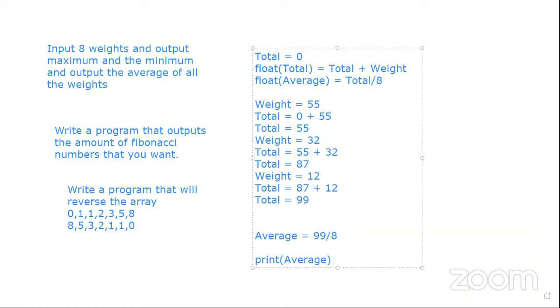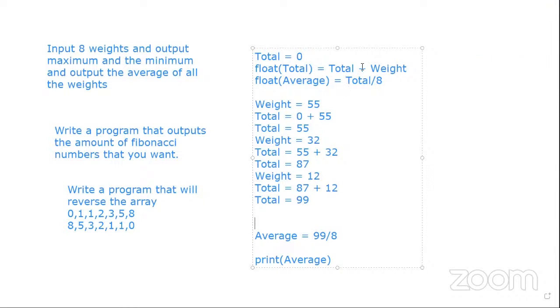Rafif, can I ask a question? Yeah, go ahead. How do we make a line where it makes the total? The total, it's basically straight after you input the weight.